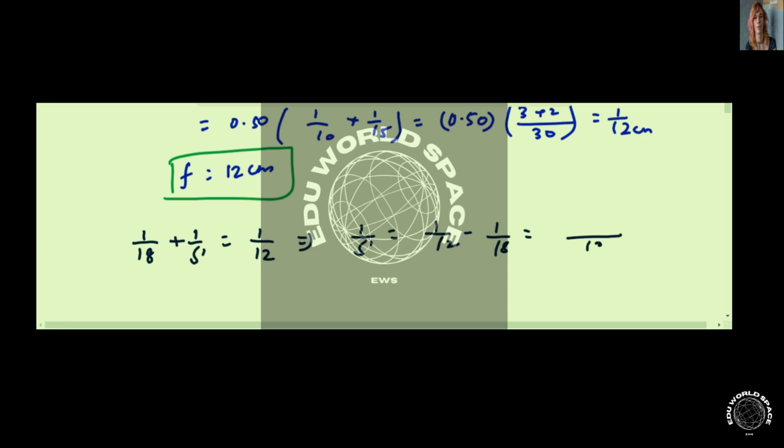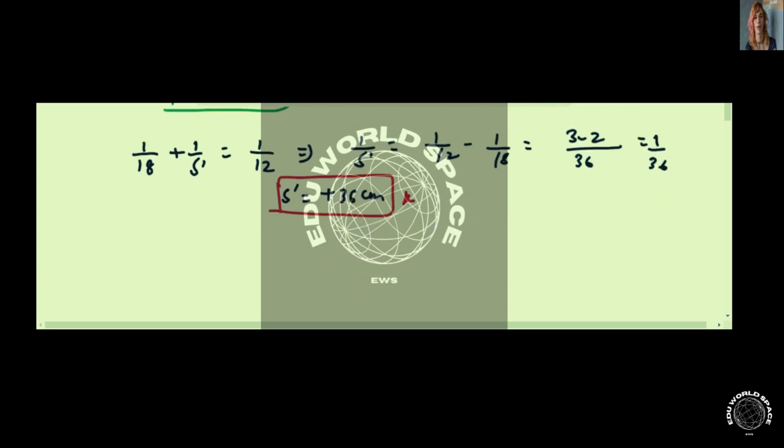The LCM of 12 and 18 is 36, so 3 minus 2 gives 1 by 36. So s dash, that is the required image distance, will be plus 36 centimeters. This is the answer for part A.